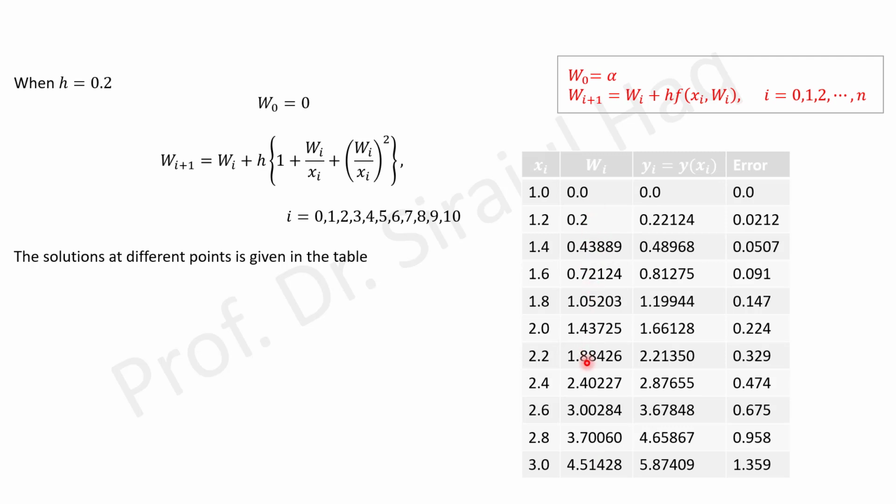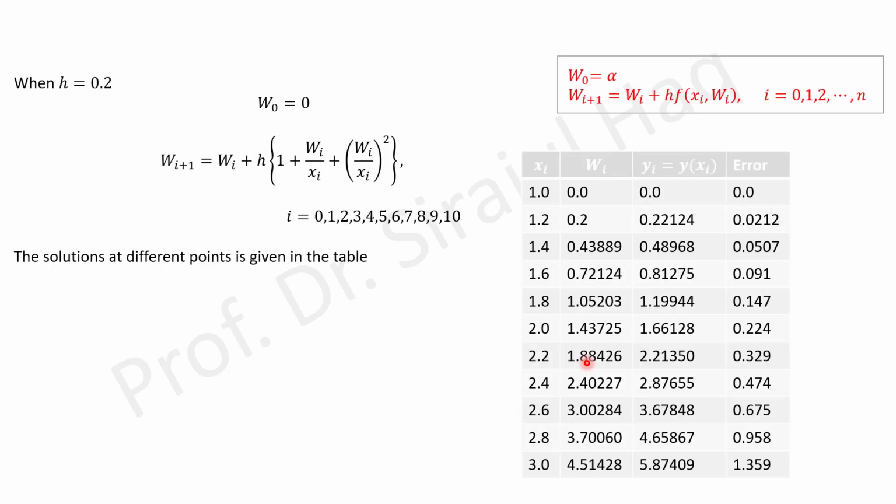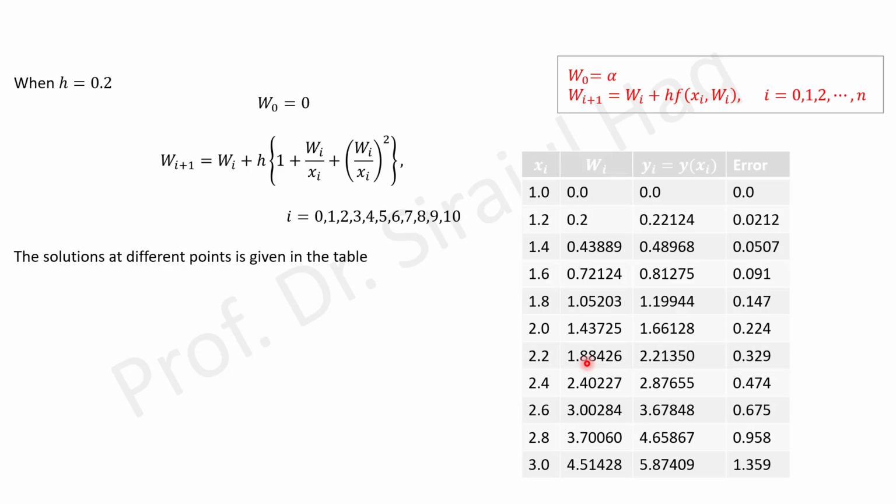And I told you the exact solution. The exact solution, as I told you before, is y equal to x tan of log of x. So when you replace x by 1, and y is equal to x tan log of x, you are getting this solution.